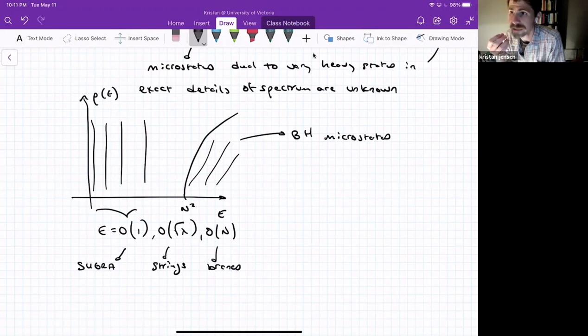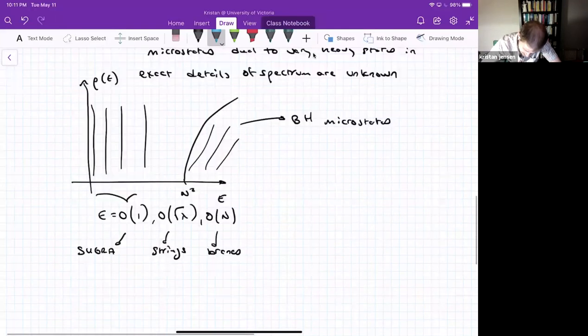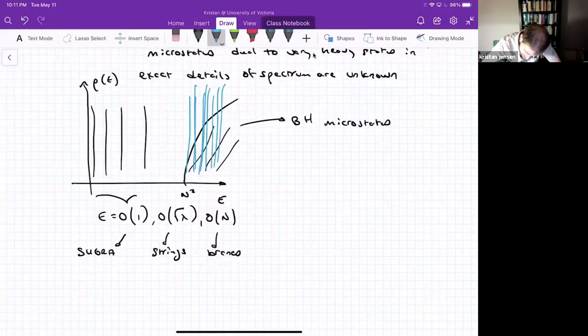Of course, what we actually expect happens in real N=4, non-perturbatively in 1 over N, is that this continuous bath of black hole density of states in the black hole regime is resolved into a very, very fine Dirac comb with a bazillion delta function spikes, just with an extraordinarily small level spacing.